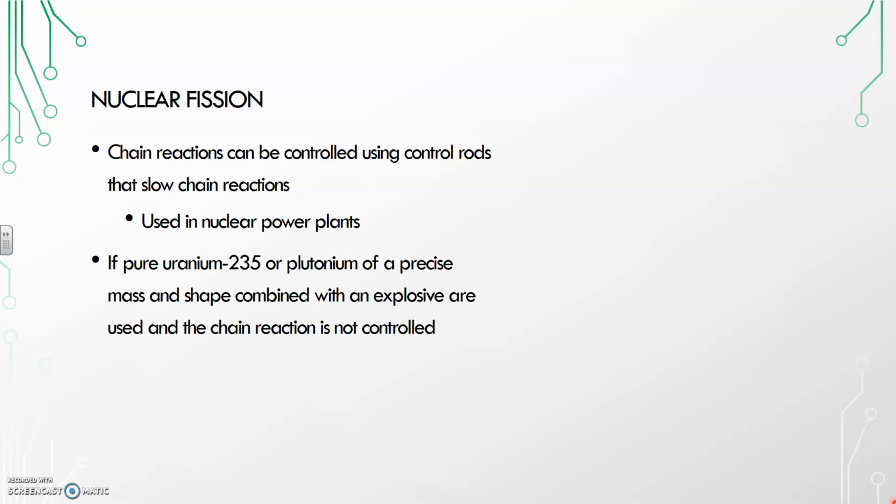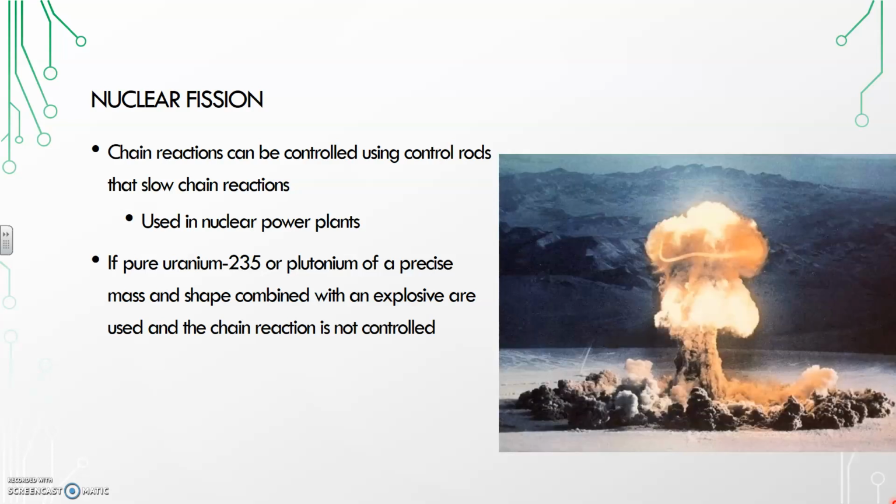So if pure uranium-235 or plutonium of a precise mass and shape combined with an explosive are used and the chain reaction is not controlled, you get your nuclear weapon.